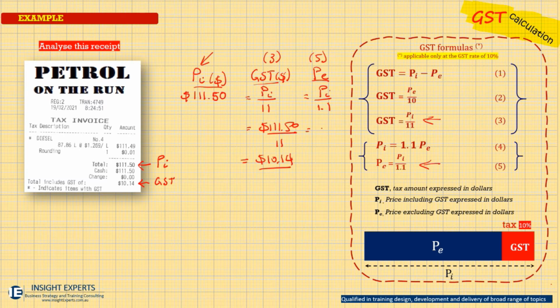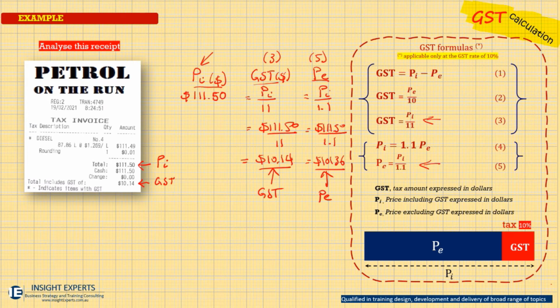So it's exactly the same amount, which is $111.50 over 1.1. And that equals $101.36. So this is GST, and that's the price excluding GST.